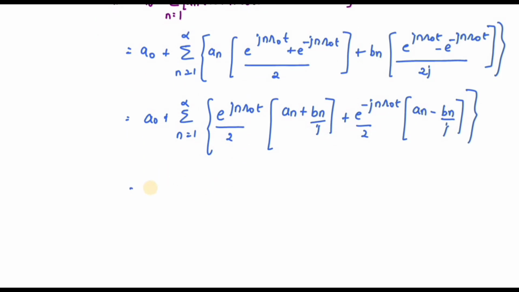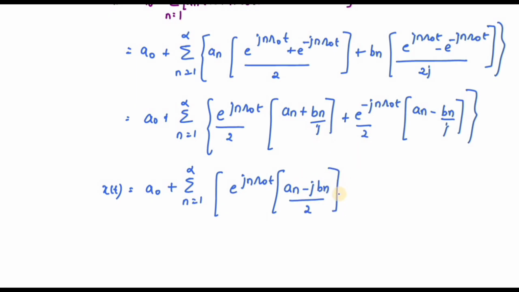so this again I can rewrite as x of t equals a naught plus summation n is equal to 1 to infinity. This I can write as e power j n omega t into an. If I multiply j and j here, I will get minus j bn divided by 2. Plus e power minus j n omega t an minus, this becomes plus, right, plus j bn divided by 2.